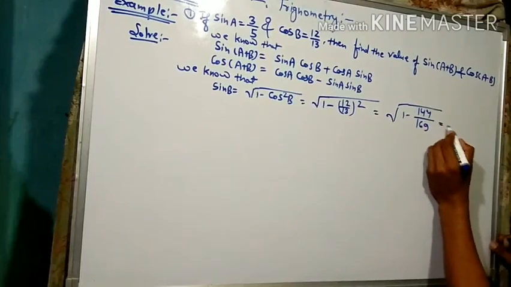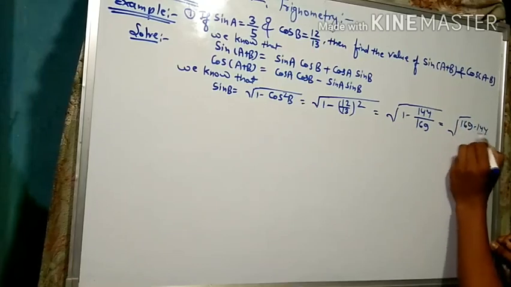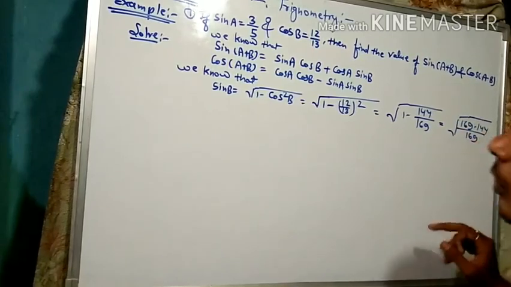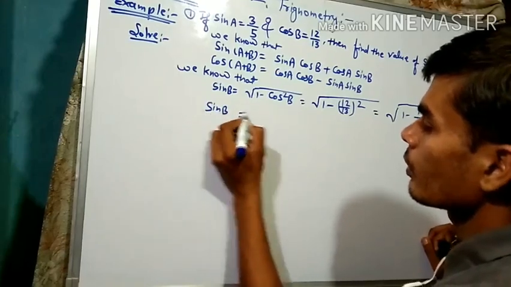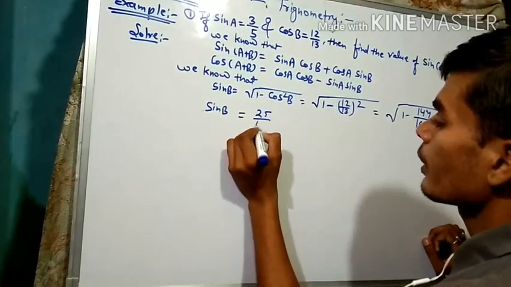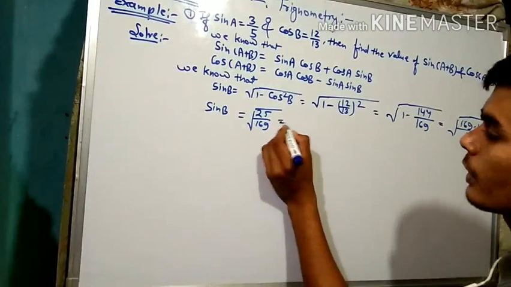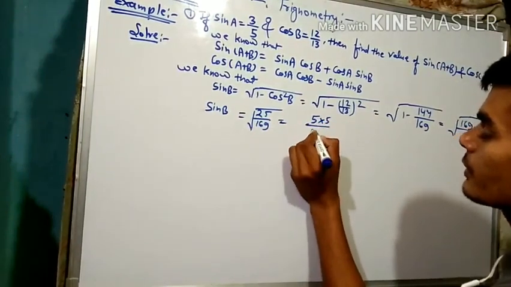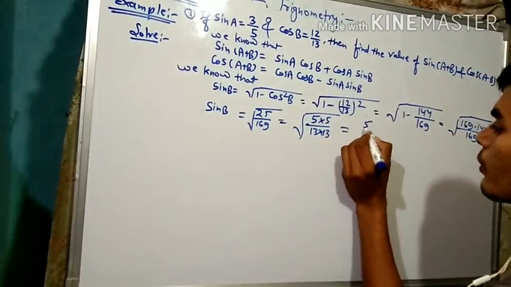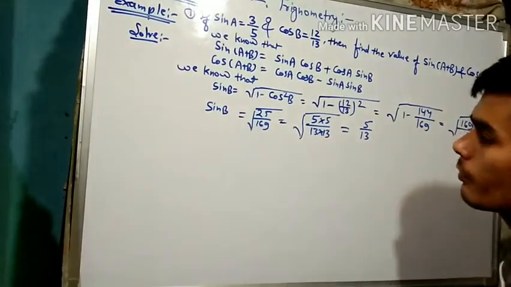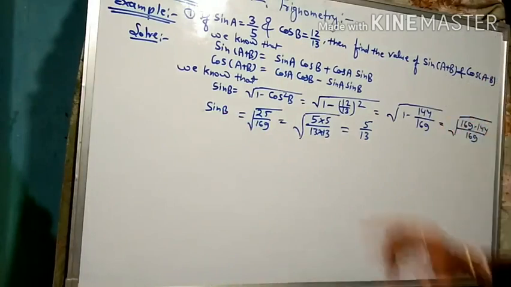Take the LCM, and we get 25/169. 5 into 5 is the square of 5, and 13 into 13 is the square of 13. So the value of sin B equals 5/13.